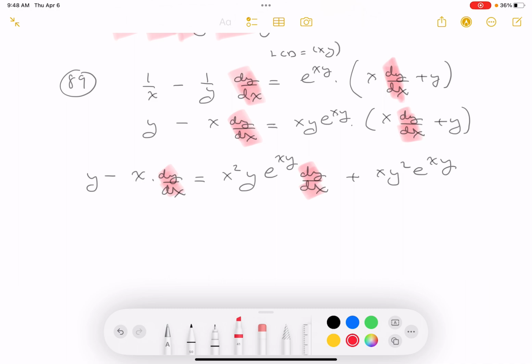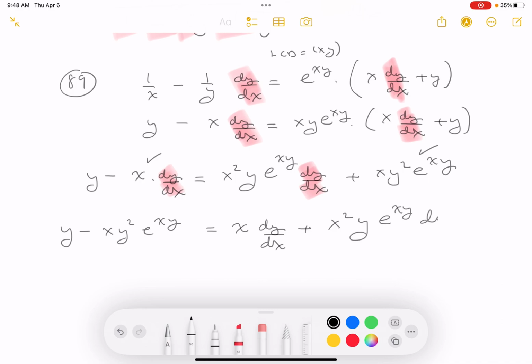And I think I see something to do here. I'm going to add this to both sides and subtract that from both sides. So what do you get? y minus xy squared e to the xy equals x dy dx plus x squared y e to the xy dy dx.